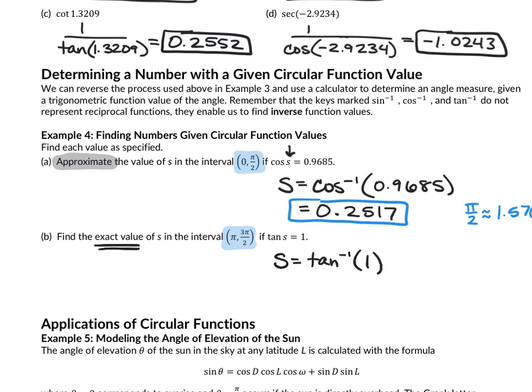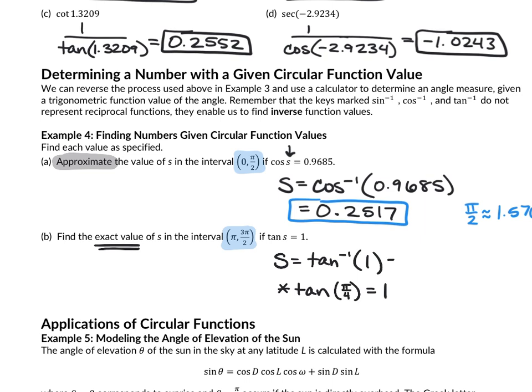So I think to myself, okay, what values typically in quadrant 1, if I take the tangent of that angle, it would give me 1. So if I put tangent of something equal to 1, what is that angle? 45 degrees, so in radians that would be pi over 4.